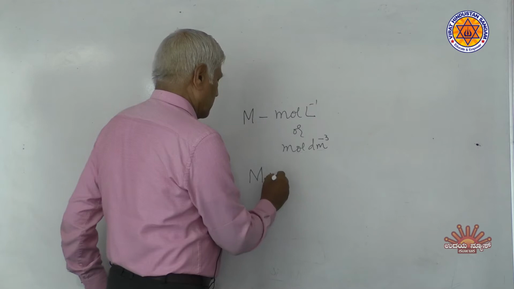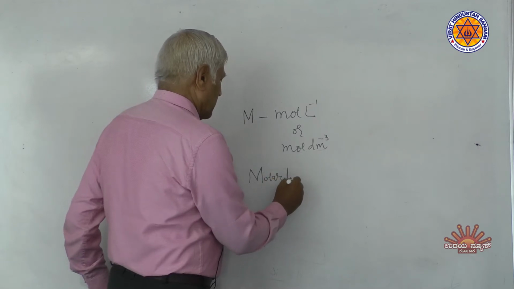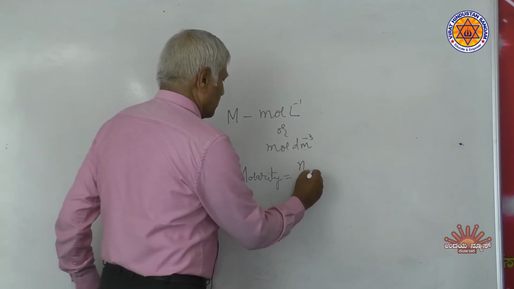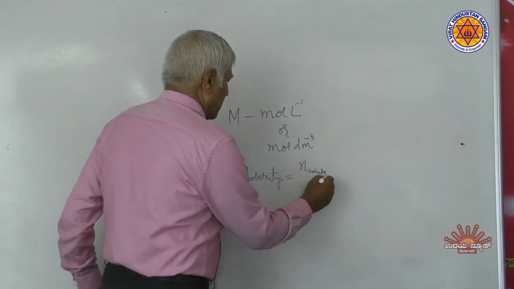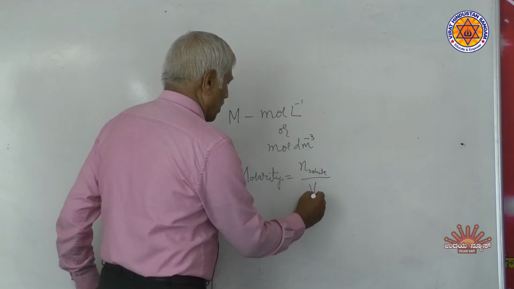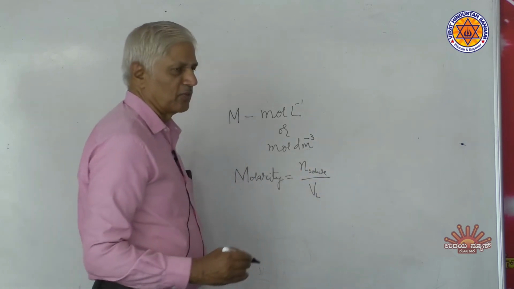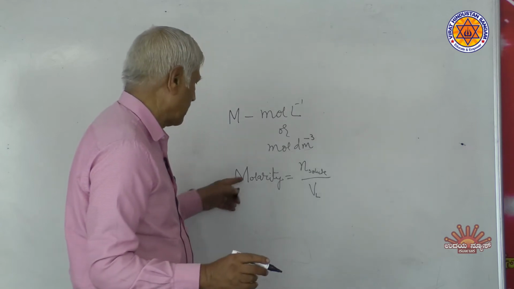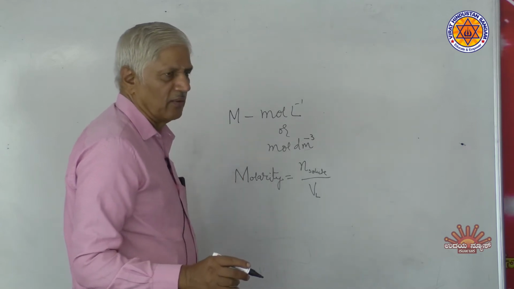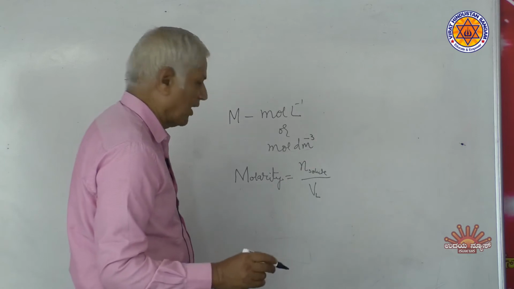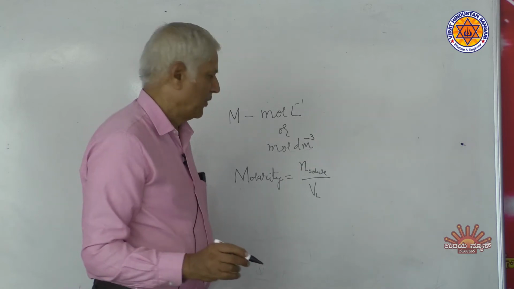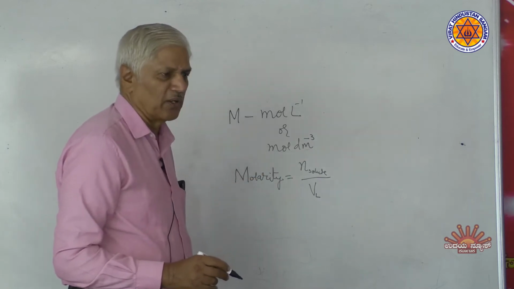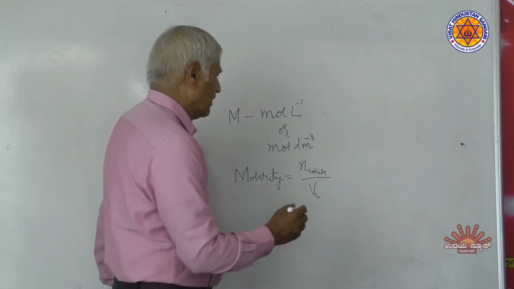Molarity equals number of moles of the solute divided by volume of the solution expressed in liters. If you have forgotten the formula, better to write it. Make a habit to write the formula against that question. So, molarity equals number of moles of the solute divided by volume in liters.